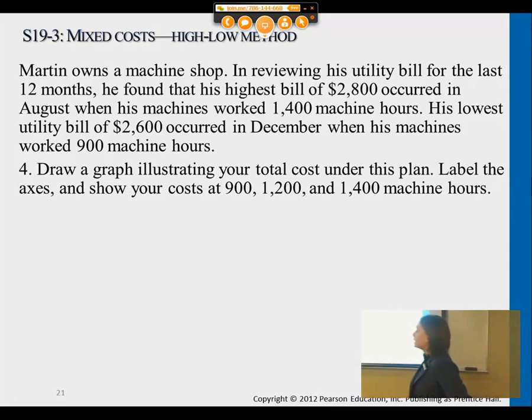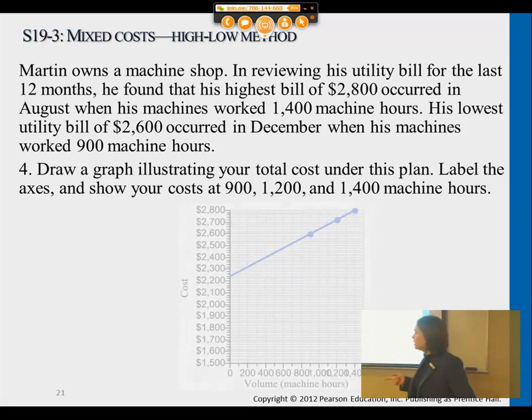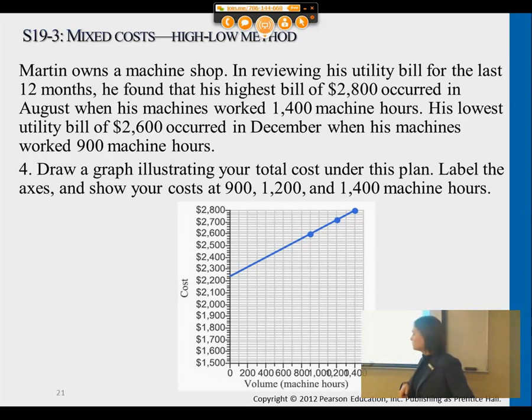All right. So the other one, we looked at some graphs, right? We know what the fixed cost is. We know what the variable cost is like. And we looked at the example of the mixed one. Now let's look at this particular case. So let me explain to you what's happening here.